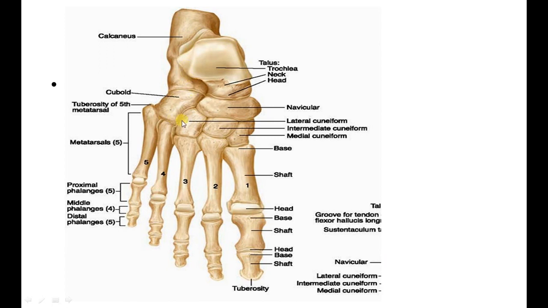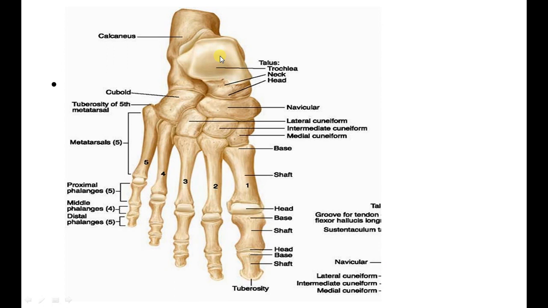Then more anteriorly you see the three cuneiforms, the medial, intermediate and lateral cuneiforms, and the lateral bone is the cuboid. So seven tarsal bones: talus, calcaneum, navicular, three cuneiforms and the cuboid. The talus forms the ankle joint with the tibia and the malleoli of tibia and fibula.